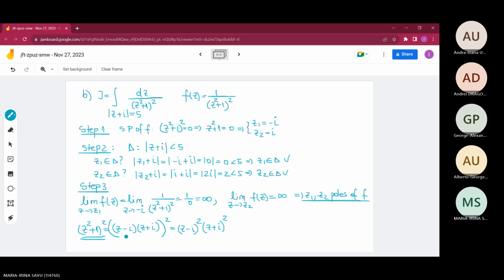From this expression, the order of i and the order of minus i are equal to 2. So z1 and z2 will be poles of order 2 of f.